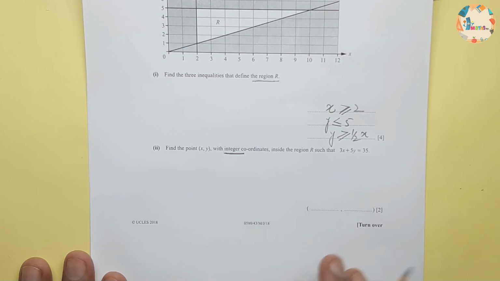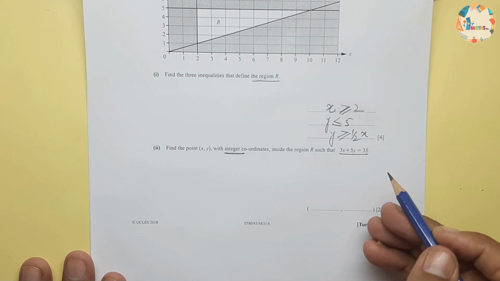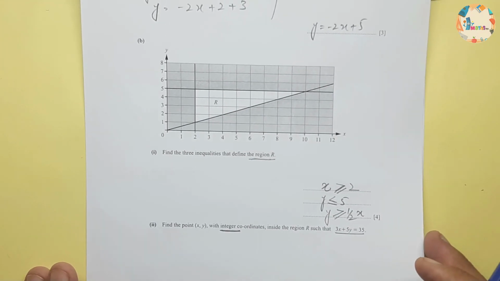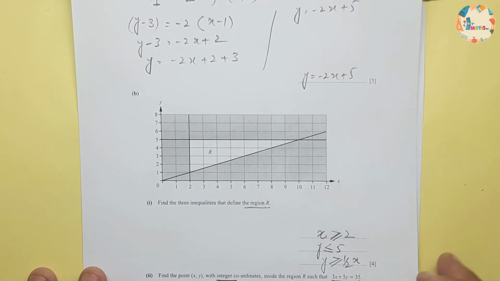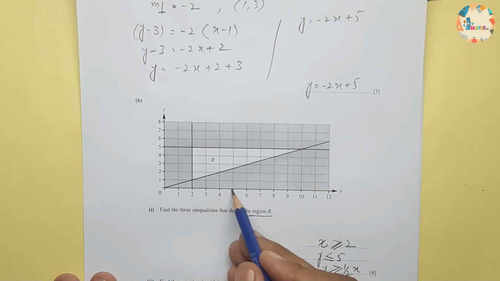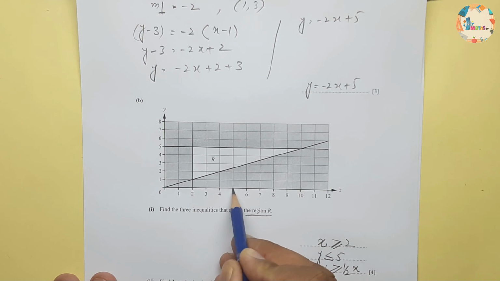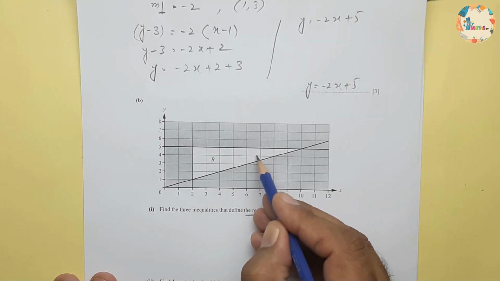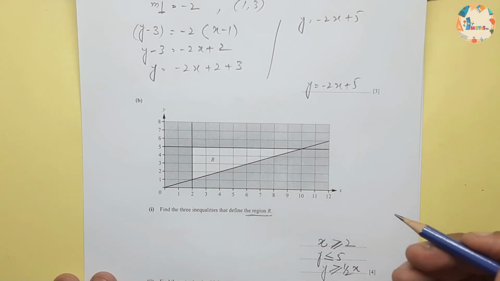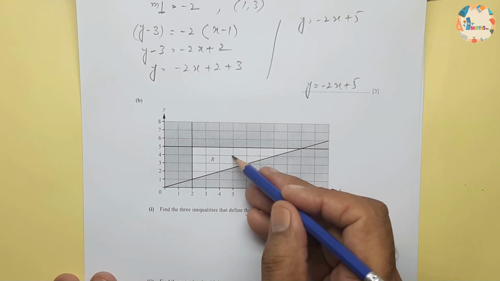Inside the region R such that 3x plus 5y is equal to 35. Sorry. So if we check from here, these are rounded values which are on this number.